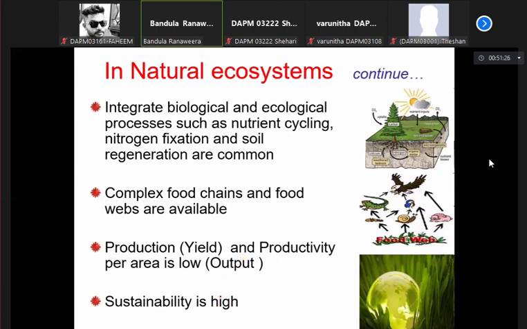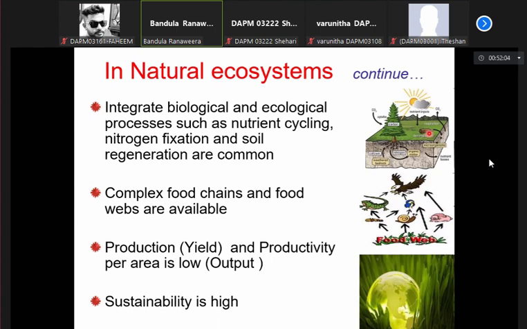Everything will be utilized within the system. Consumers are within the system, so there is no output. And according to that, if there is no output of energy, then we are not feeling any productivity in the natural ecosystem. But in reality, it has a serious natural productivity.